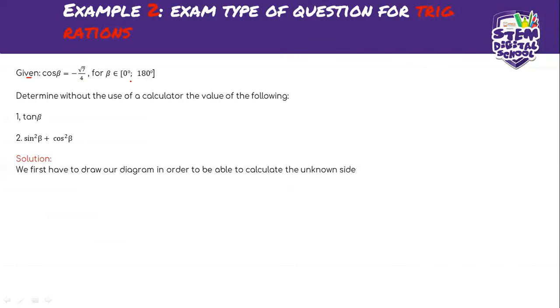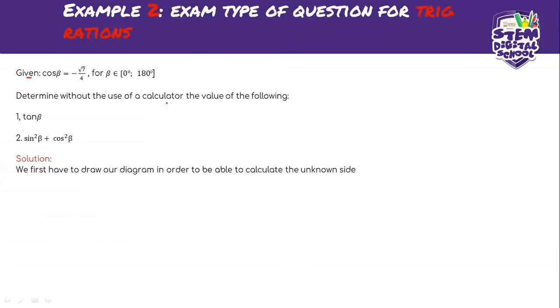We first have to draw our diagram in order to calculate the unknown side. That is the most important thing. You have to draw your diagram. You draw your Cartesian plane, and then based on this restriction, from 0 degrees to 180.